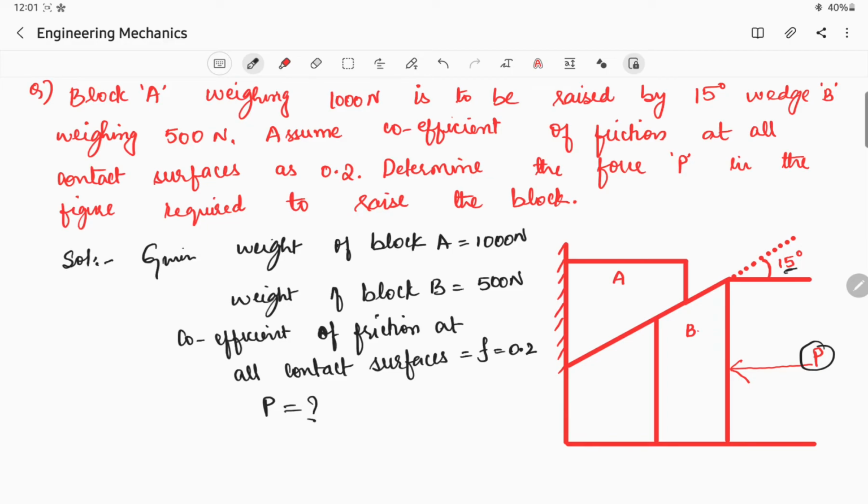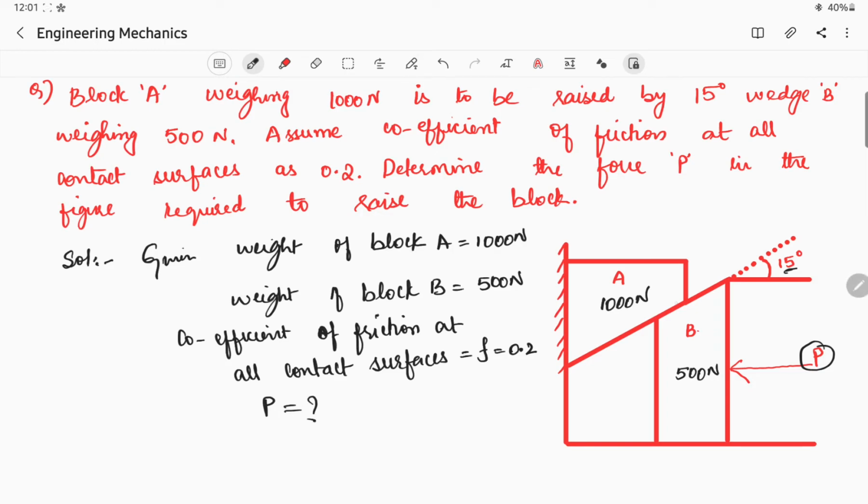So again in this case, block A is how much? 1000 Newton. Block B is how much? 500 Newton, right? So we have two different bodies here, and we have to select any one body out of these two. So we take the independent body first.